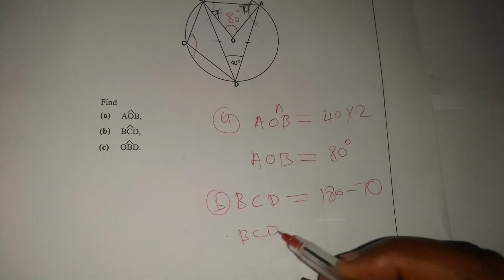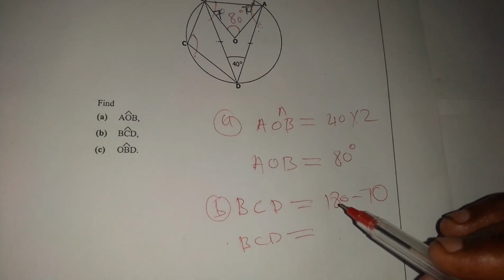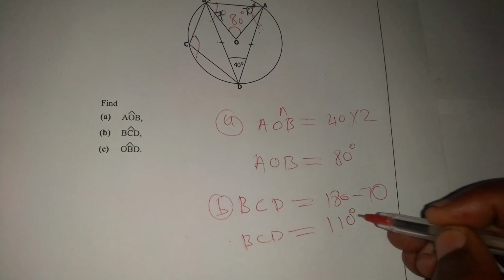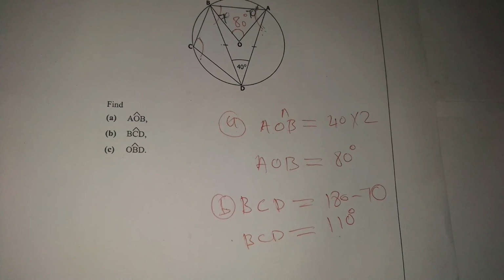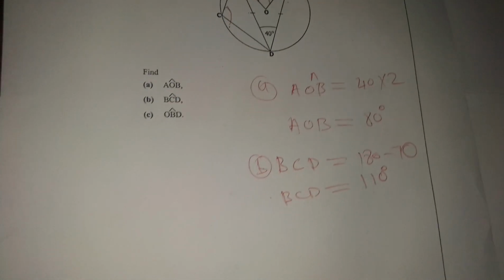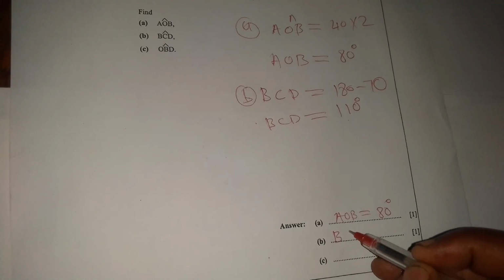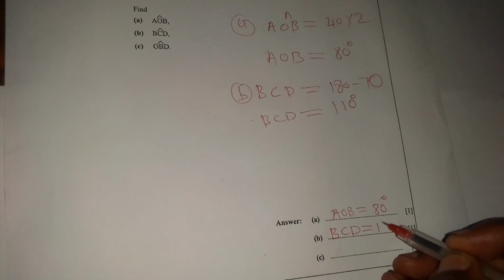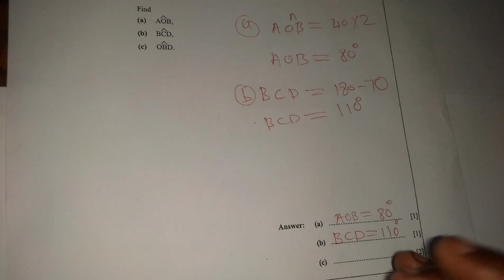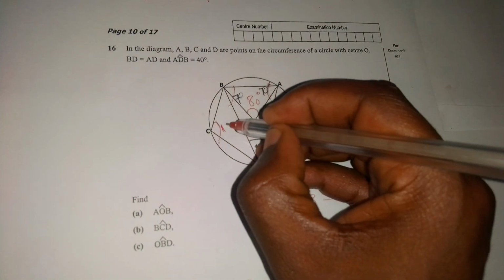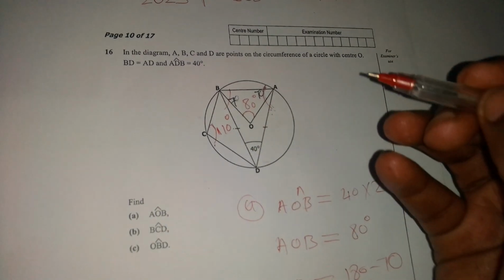Now BCD equals 180 minus 70, we'll get 110 degrees. So the answer will be 110 degrees. Then you go here, just write BCD equals 110 degrees. 1 mark for you to do that. So here there is 110 degrees. You see that?